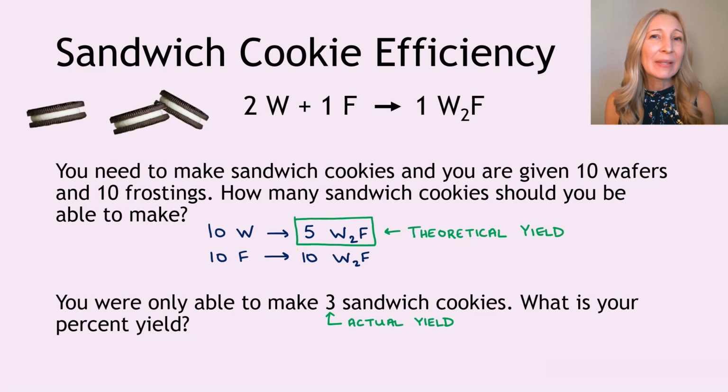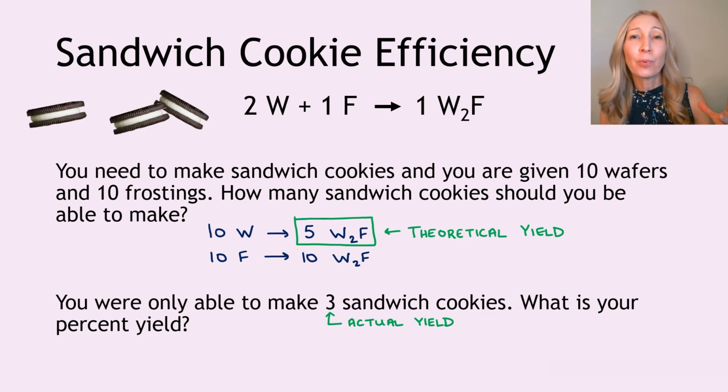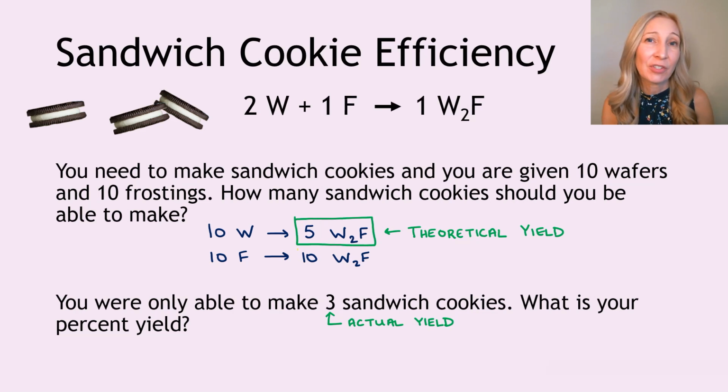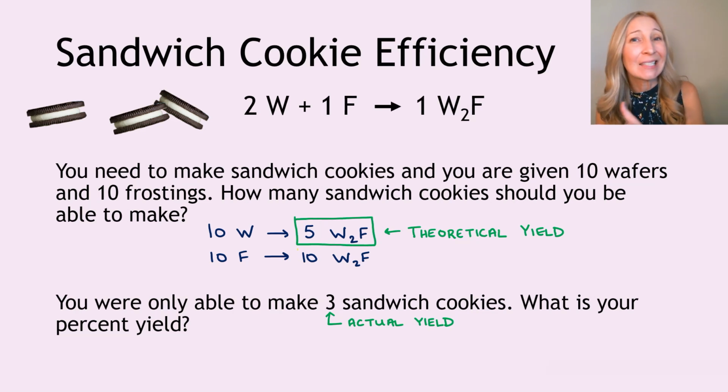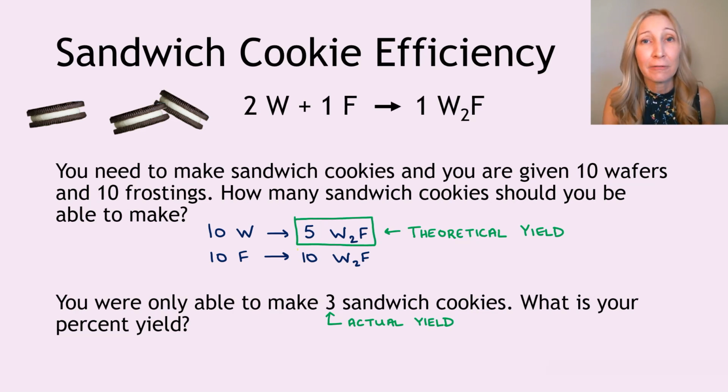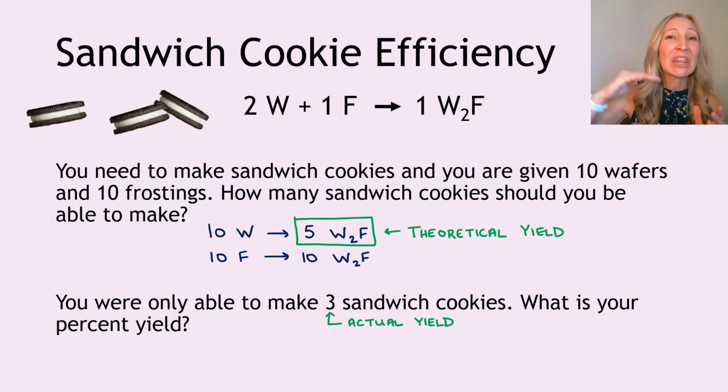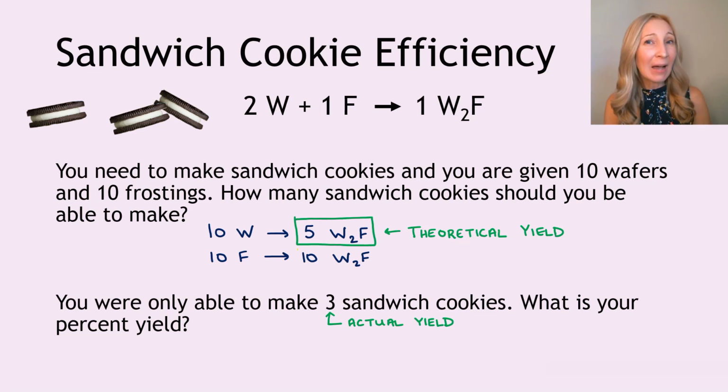So what happens in a chemical reaction to cause a lower yield? Well, sometimes the product created is lost to other reactions, or sometimes the reactants don't all react fully. Either way, when we perform reactions, our goal is to create as high a yield as possible, as close to the theoretical yield as possible.